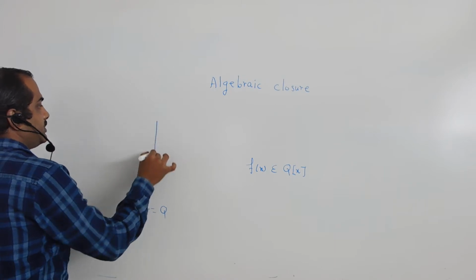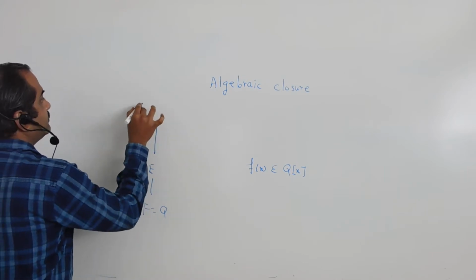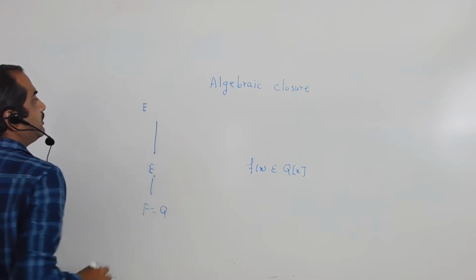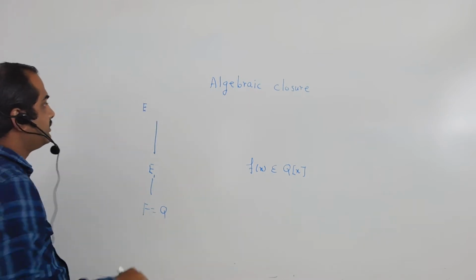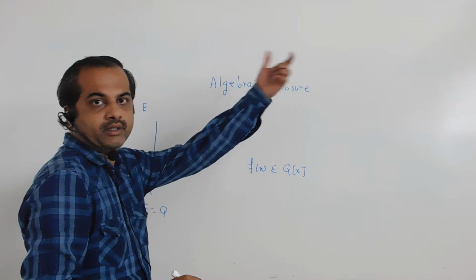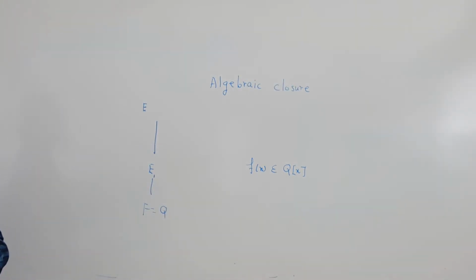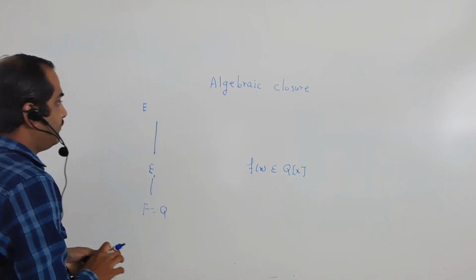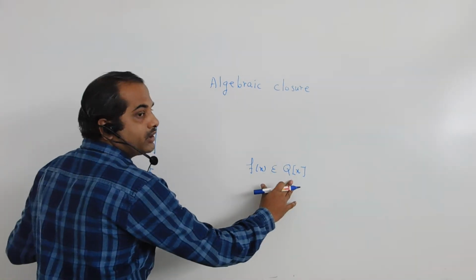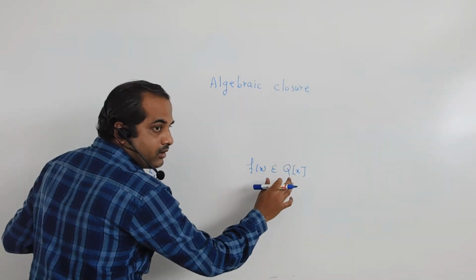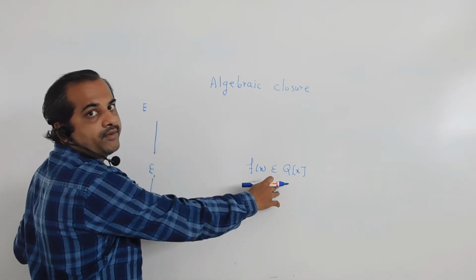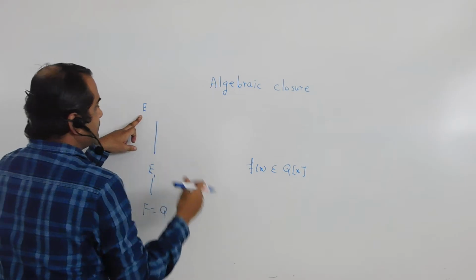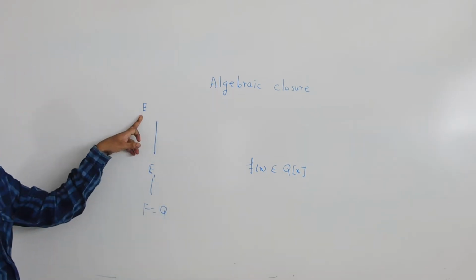So we reach E1, and ultimately we reach the field E, where for any polynomial f of x over Q of x, the roots of this polynomial f of x completely split in this E. That is what we have.